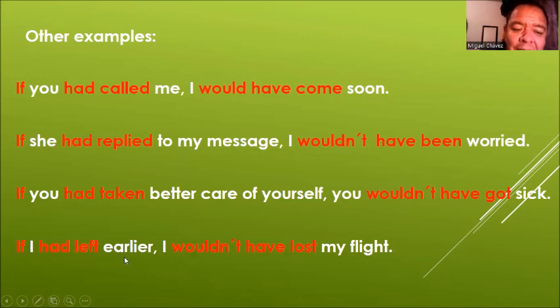If I had left earlier, I wouldn't have lost my flight. Then, as you can see in some of these examples, we can find the negative form in each of these two parts of the conditional. Remember that the negative for had is hadn't.